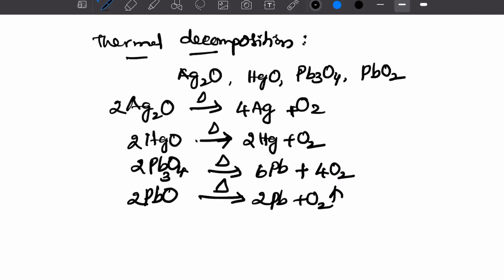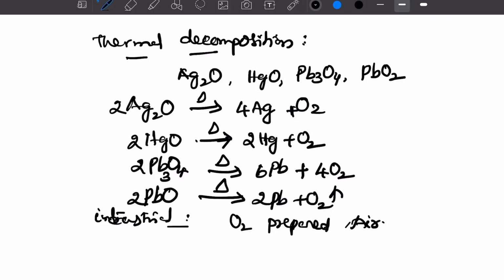Next is the important one, the industrial method. How can we prepare oxygen industrially? Oxygen can be prepared from air, which is the main important source. Air contains a large number of oxygen molecules.